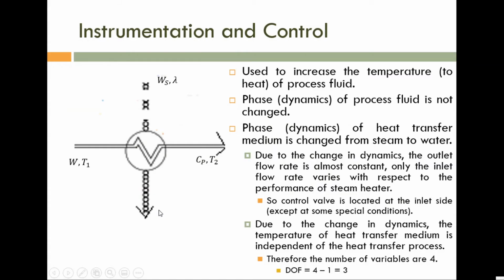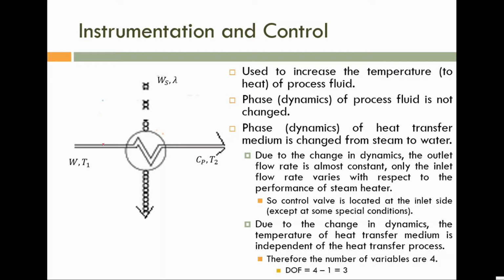This one is the steam heater, so first note this diagram. I told you that by using the diagram itself we can identify the type of heat exchanger. Please note the process medium is represented by two parallel lines, and a continuous line is used to represent the process medium.